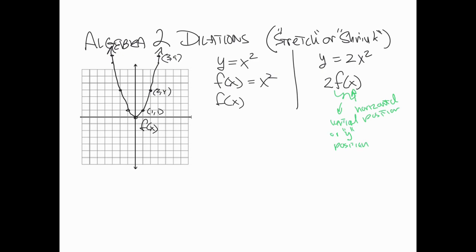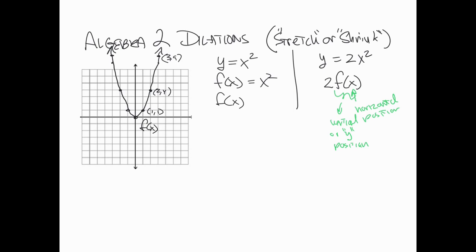So for each one of these points that I plotted on the graph, it has a y position. This one is 0, this is 1, this is 4, this is 9. And so what we're saying is for the same inputs, we're going to take those outputs, or y positions, and multiply them by 2. So let's try that.